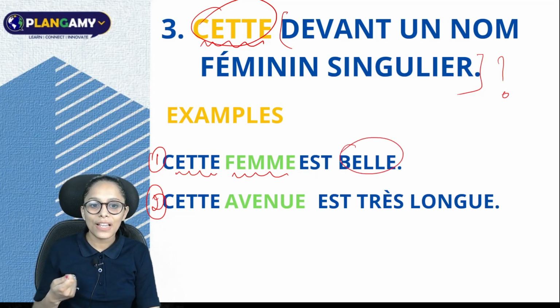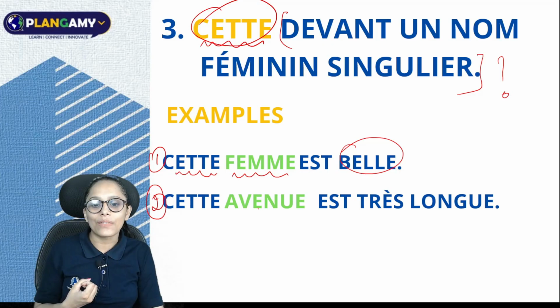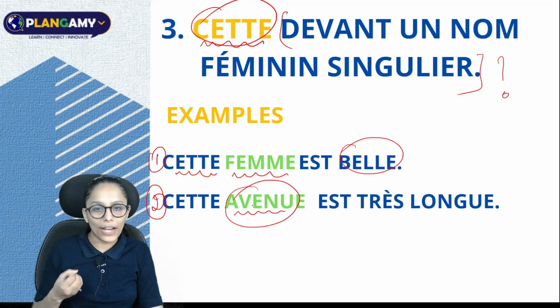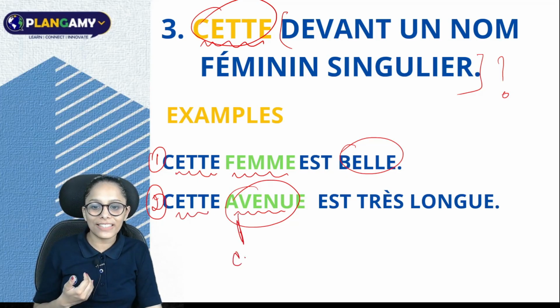Belle is beautiful. Now cette avenue est très longue. So this avenue is very long. I know it is beginning with a vowel, but it is feminine singular. This is the reason that you have used here cette. You cannot use here C-E-T because it is beginning with a vowel.